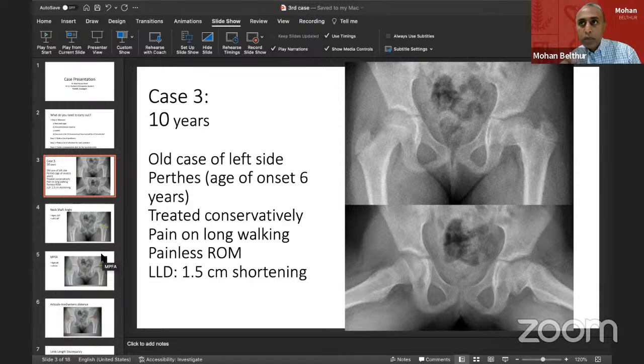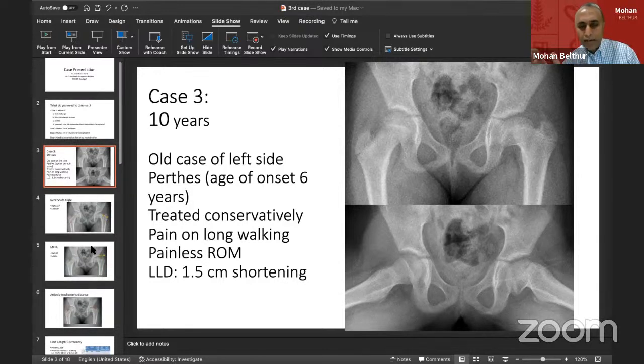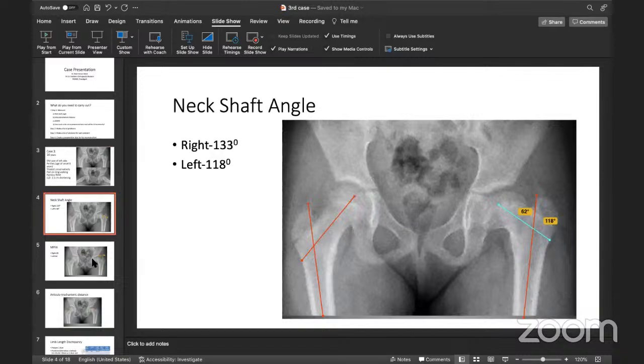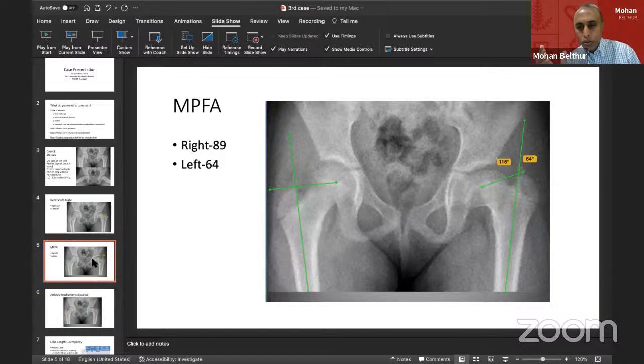When they are not equally reduced, as in this case, where the neck shaft angle was off by about 17 or 18 degrees and the medial proximal femoral angle was off by a little more, about 25 degrees, there is a discrepancy. So if you just do a valgus osteotomy of Wagner, that may correct the neck shaft angle, but it won't necessarily correct the medial proximal femoral angle. That will be corrected by the distalization of the greater trochanter.